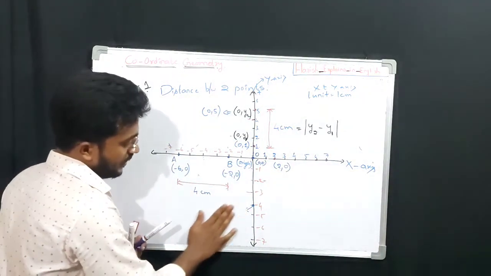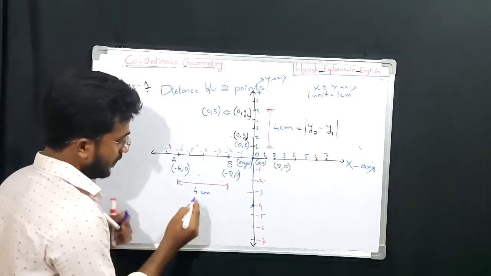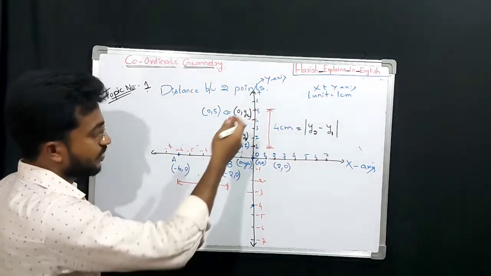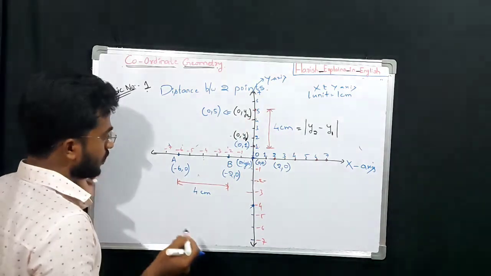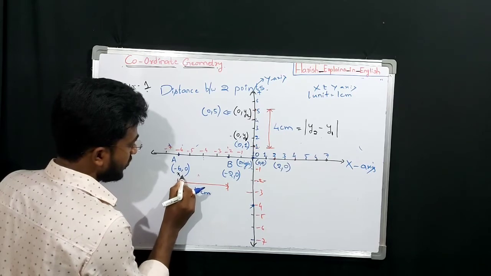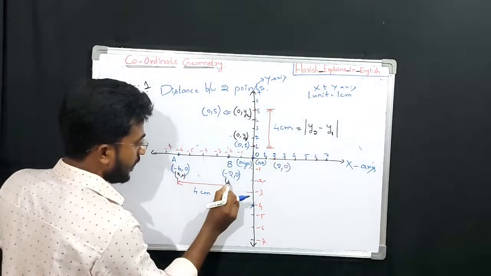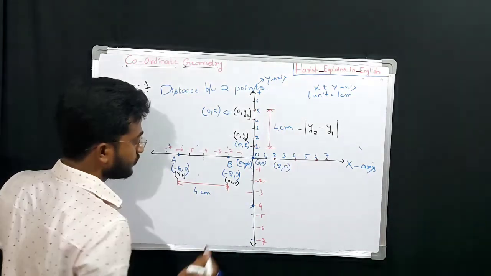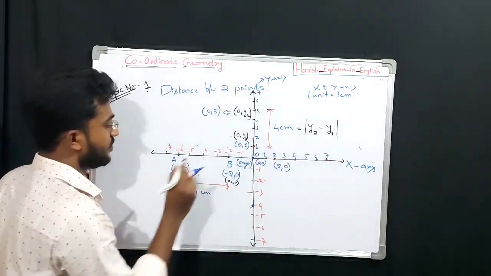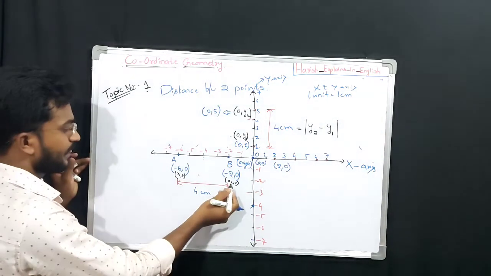So let us check with the x-axis also. Here this is 4 centimeters. 1, 2, 3, 4. As you can see, you can count it. When you cannot count it, you can simply say this as x1 comma 0 and x2 comma 0. What I did here was y2 minus y1. Same thing here also, x2 minus x1.